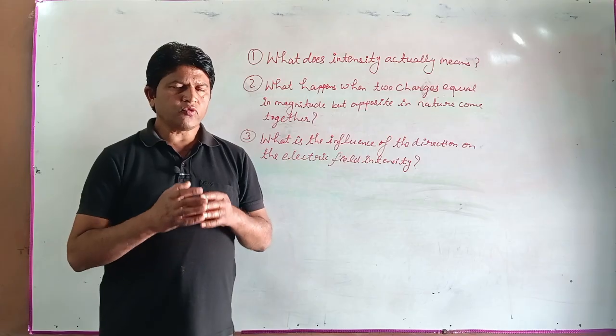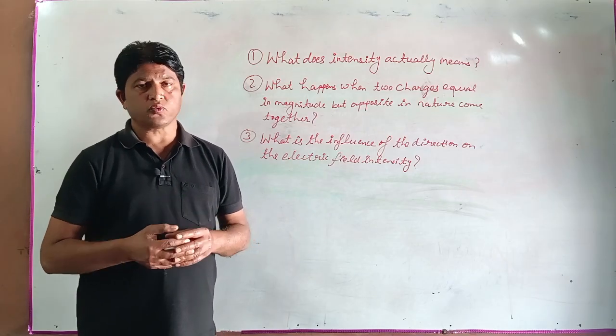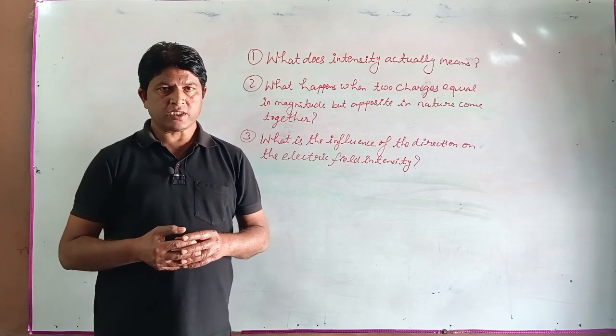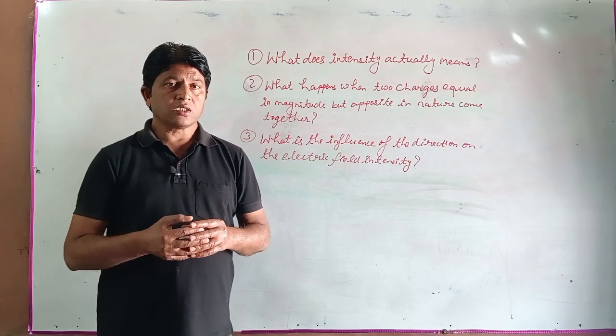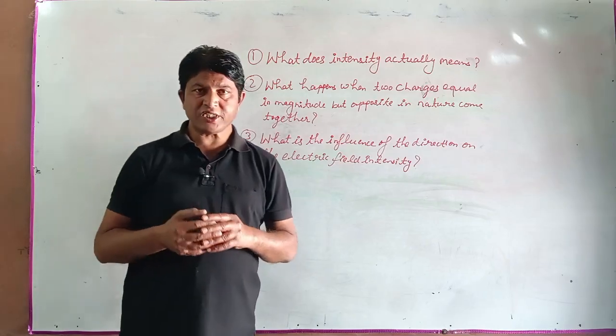We are going to dive into a very important topic, electric field intensity. Before deriving the expression, it is essential to know a few important concepts of intensity with the help of two main points. And what are those two main points? The two main points will be written on this whiteboard.